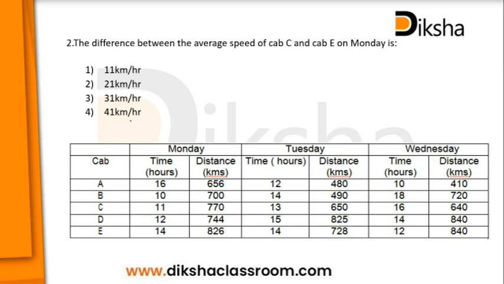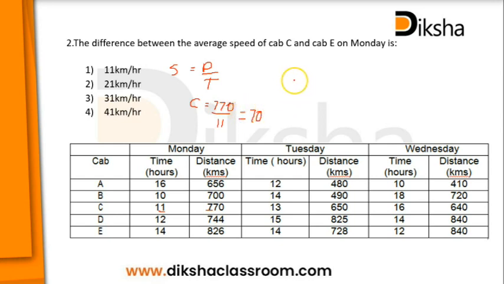The difference between the average speed of cab C and cab E on Monday is, again, speed equal to distance by time. Cab C on Monday is 770 by 11, that gives you 70 km per hour.